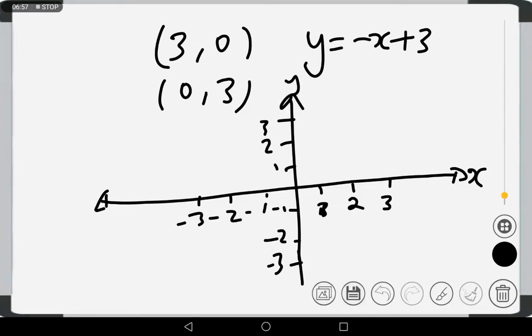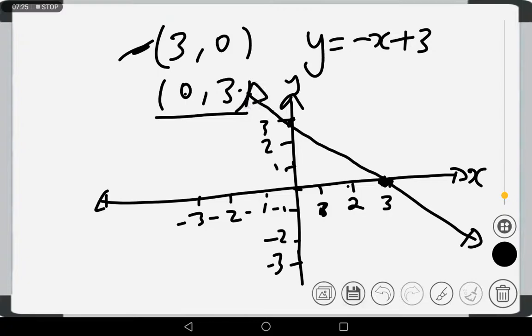So (0, 3) is this point here: when x is 0, y is 3. For the other point, when y is 0, we go 1, 2, 3 to this point. When we connect the dots, you can see the line goes this way.